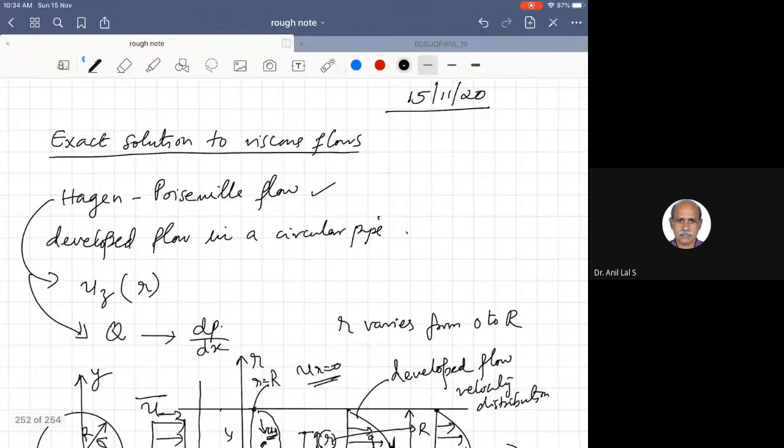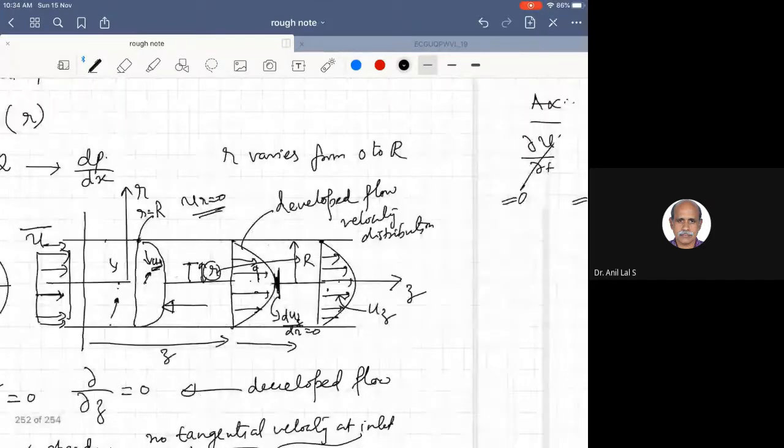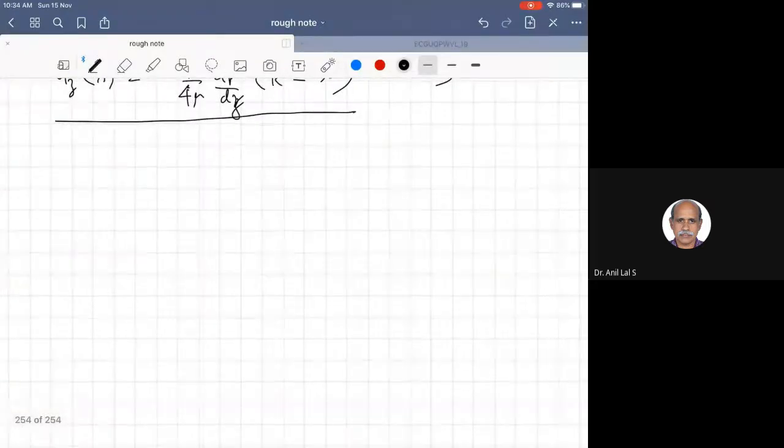And for that we use the x, y coordinates. So we look at this plane. We consider a plane like this, a cross-sectional plane in the developed flow region, and write the governing equation in x, y, z, in the z direction.